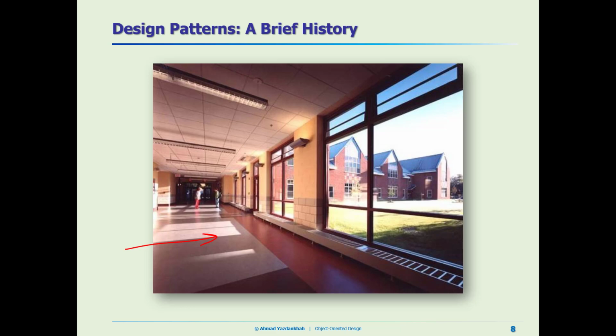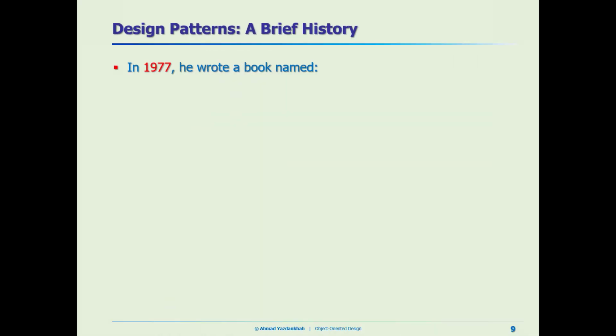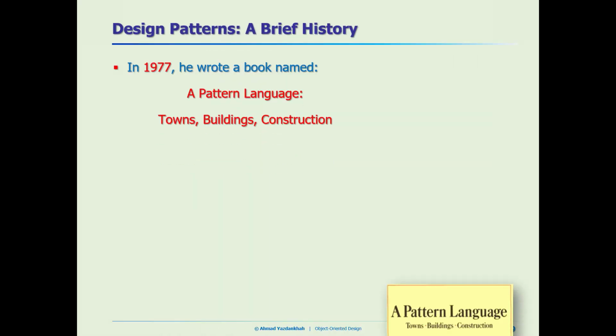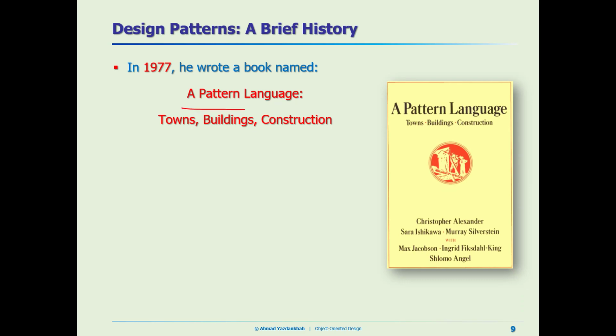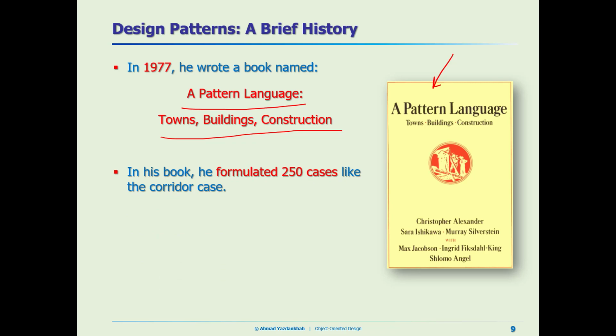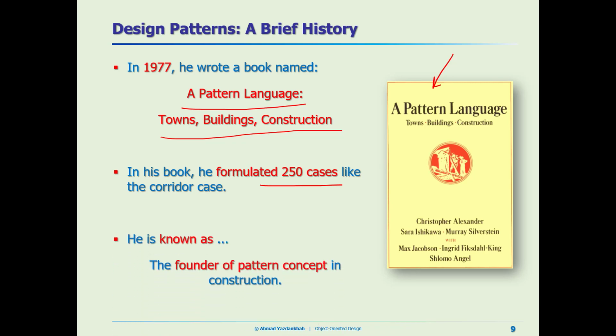So that's why in 1977 he wrote a book called A Pattern Language: Towns, Buildings, Construction, right? And he formulated 250 cases like this one in his book. 250 cases. So that's why we call him the founder of the pattern concept.